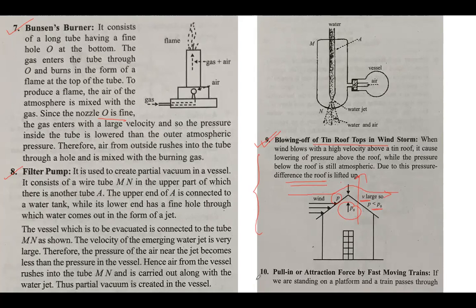Now, pulling or traction force by fast moving trains. When we are standing on the platform and a train passes through the platform with very high speed, we are pulled towards the train.